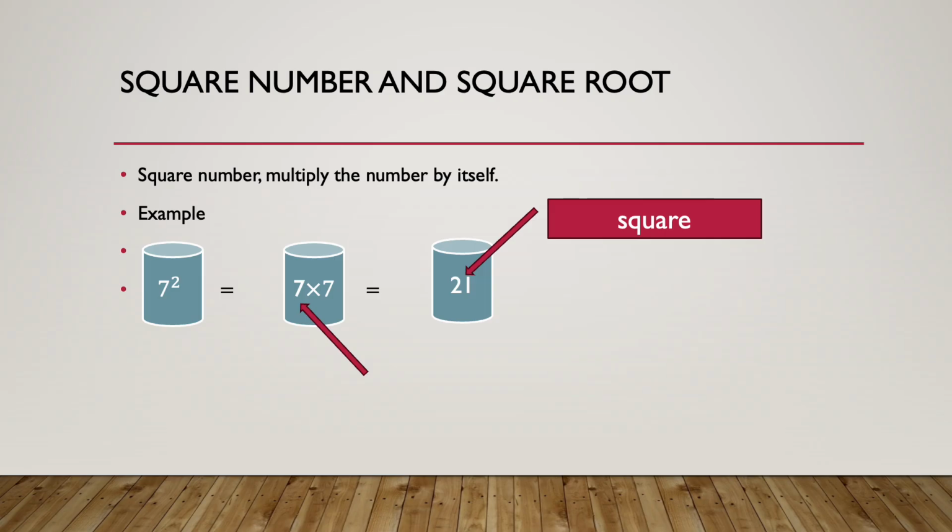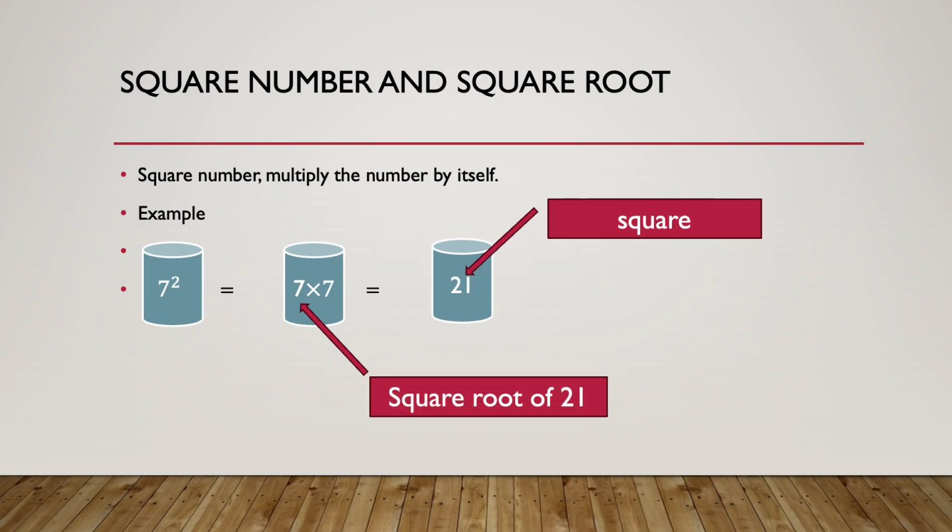So square root means how this 21 was born, with 7 multiplied by 7. To get 21, number 7 worked hard. So it could be the square root.